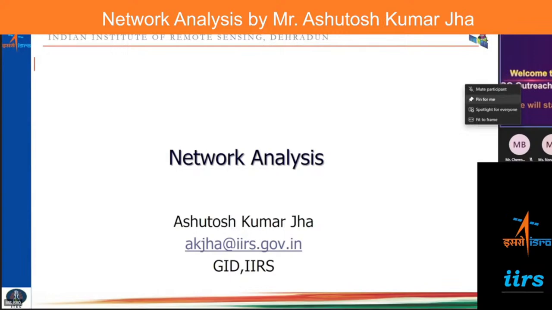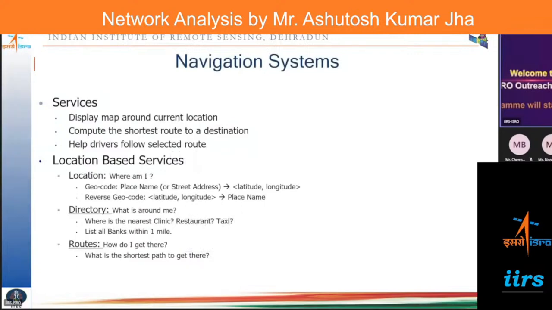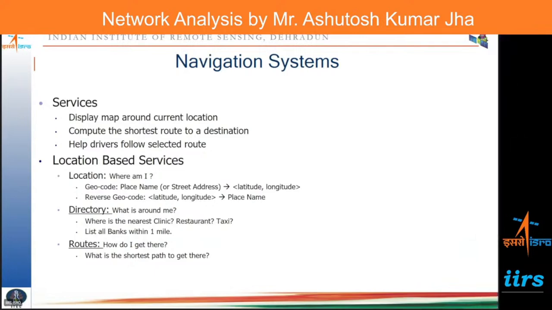Good evening. So today we are going to look into the network analysis part of GIS. Basically, whenever we talk about network data sets, most of the time we are concerned with services where we should be able to have a map around particular locations.